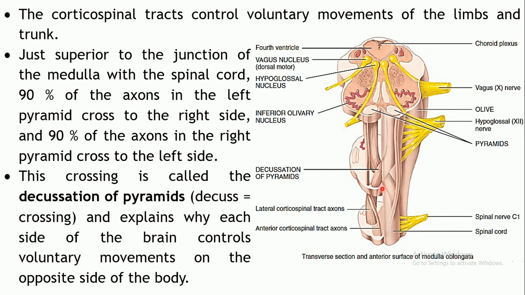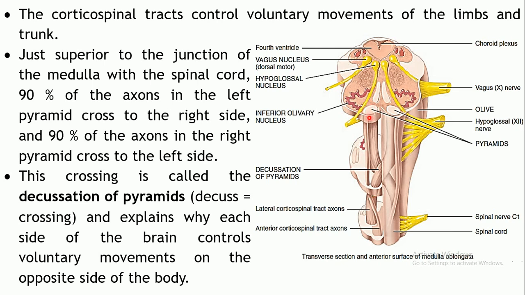As you can see, what is happening? The one which is present on the right hand side, this is your right hand side, because this is the anterior part. This is not the left side, that's your left side. Now what is happening? The corticospinal tract, as it descends downwards, just superior to the spinal cord, the one which is present on the left hand side is crossing over to the right hand side, right?